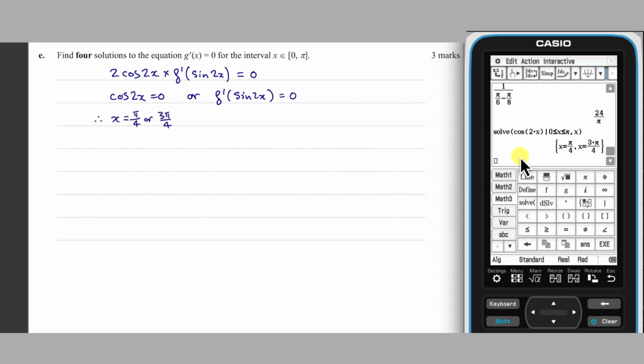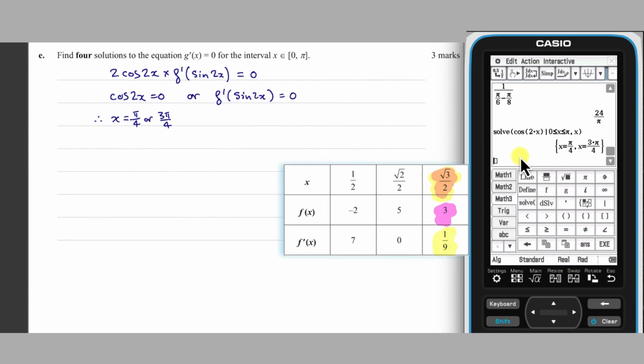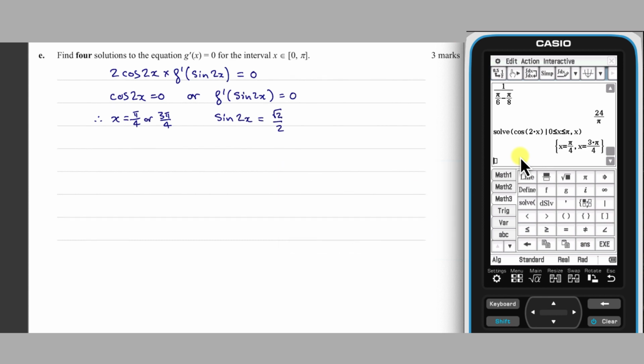f-dash sine 2x equals 0 can be solved by noting that, according to the table on the previous page, f-dash root 2 over 2 equals 0. This means that we need to solve sine 2x equals root 2 over 2, which I will do by modifying the ClassPad's previous calculation.